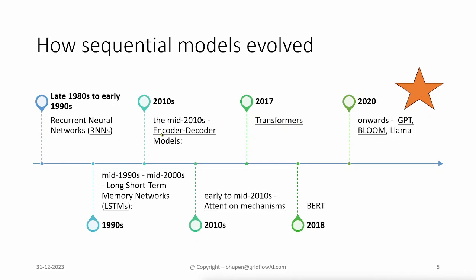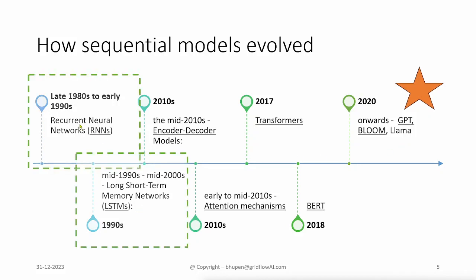So I'll be creating a playlist for each one of them, for example, RNN, LSTM, encoder-decoder, transformers, and Bloom. This particular playlist is going to be focused on RNNs, and LSTMs to some extent. But for LSTM, I will create a separate playlist altogether. So this is going to be a sequence model primer.